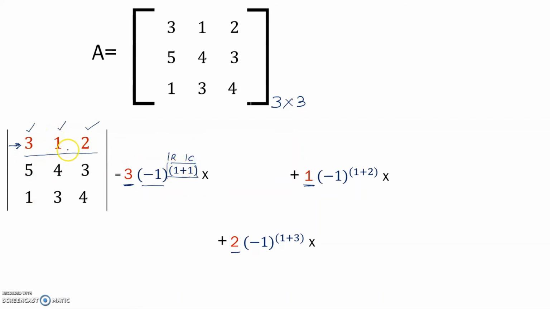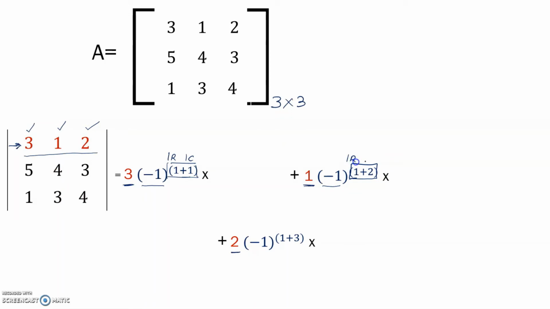Then let's take the number 1, which is here. The number 1 is multiplied by (-1) to the power 1 plus 2. Why 1 plus 2? First row, second column.